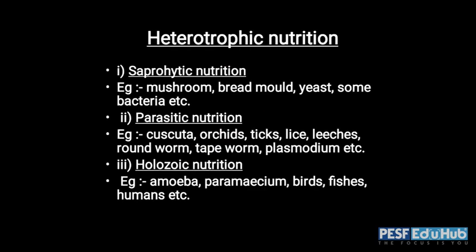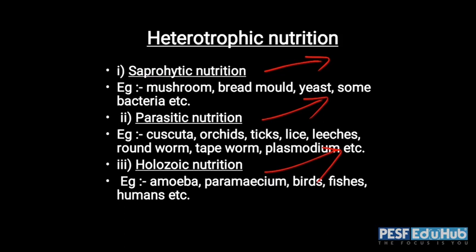So there are 3 types of heterotrophic nutrition. They are saprophytic nutrition, parasitic nutrition, and holozoic nutrition. In saprophytic nutrition, organisms derive nutrients from dead and decayed plants and animals. Example, mushroom, bread mold, yeast, some bacteria. In parasitic nutrition, an organism called parasite resides on the body of another organism called host and obtains ready-made food.